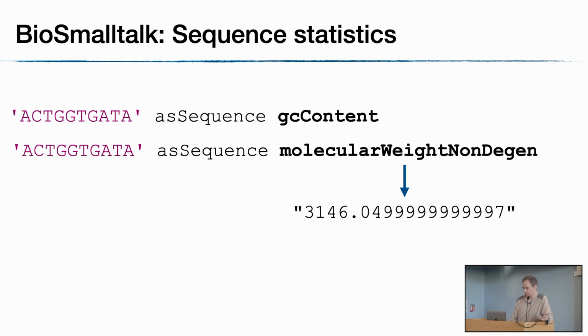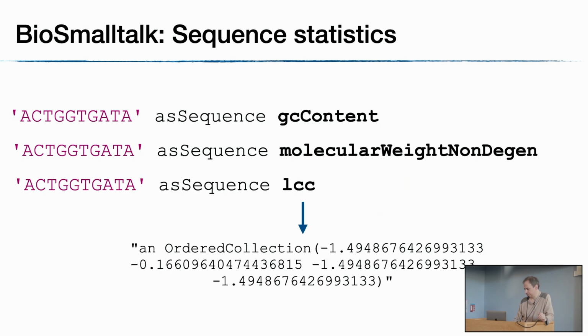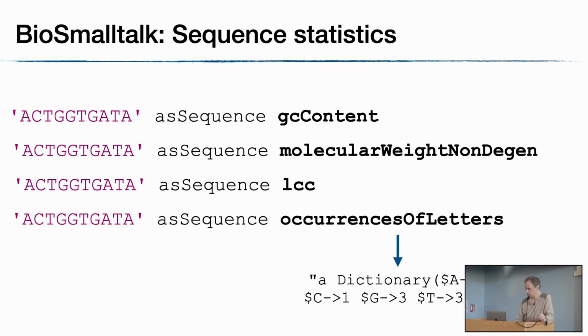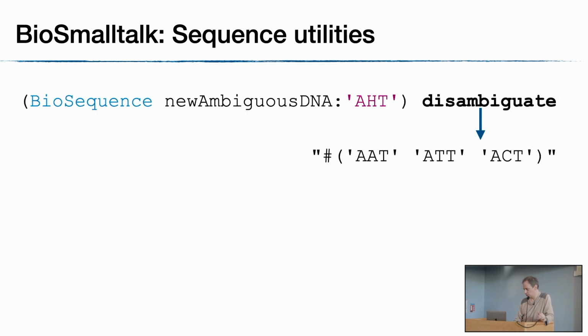And because in the end this is all thermodynamics, we can get the molecular weight. There are algorithms for that. The local complexity is another measure which lets you determine the variation in nucleotide composition, and of course the occurrence of letters also helps determine the sequence quality.